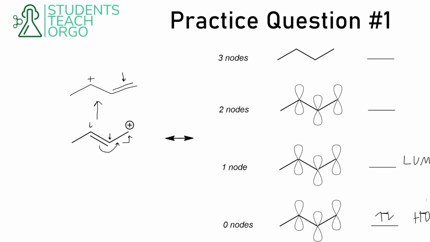And then next, we're just going to shade. So to start, this one has 0 nodes. So this one can be shaded as black, this one can be shaded as black, this one can be shaded as black. Perfect. This has one node. So how would I draw it with one node? Well, I would go through this orbital, so this orbital would not exist, right? I would not draw it here.